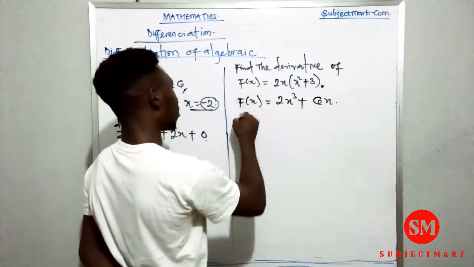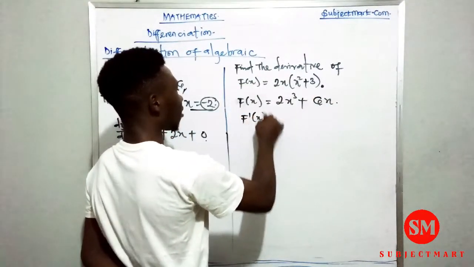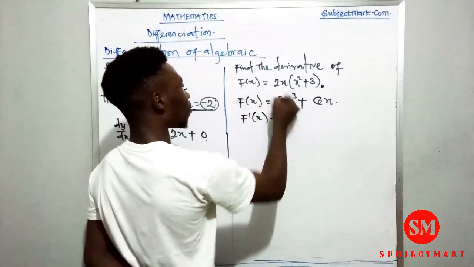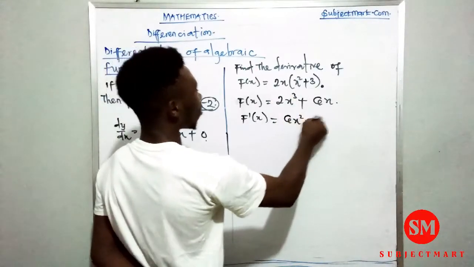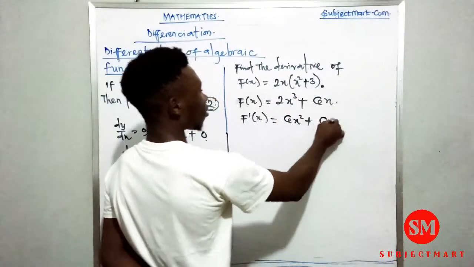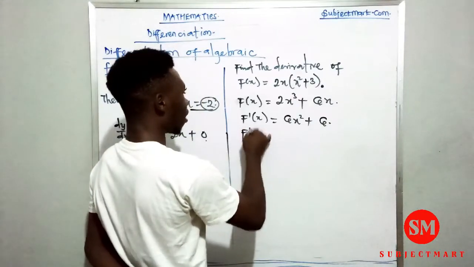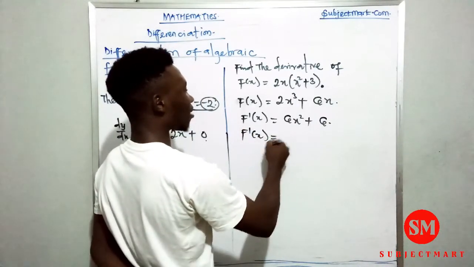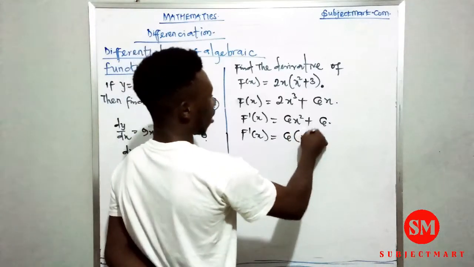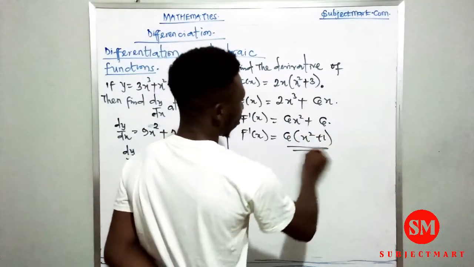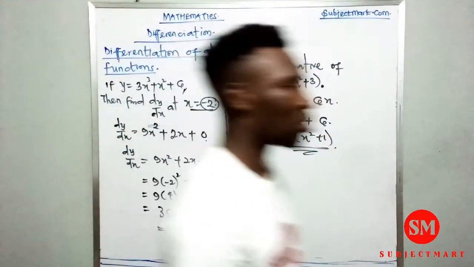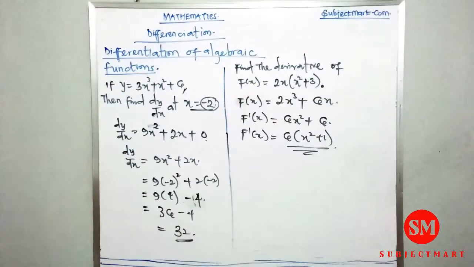So we can now differentiate. f prime of x here is equal to, this guy comes down as 6x raised to the power 2, plus 6. So you can factorize that f prime of x is equal to 6 open bracket x squared plus 1, and you have this here as your final answer.